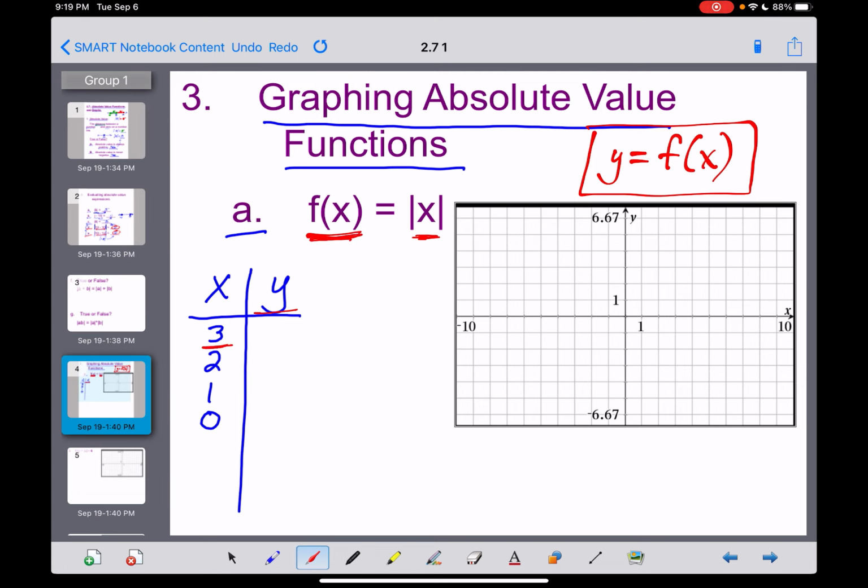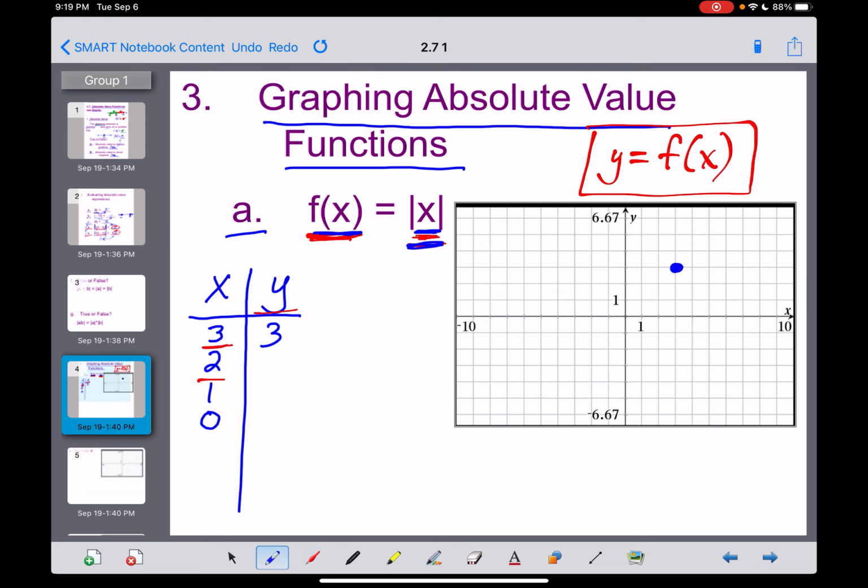So when x is 3, y then is the absolute value of 3, which equals 3. And we just came up with the ordered pair (3, 3), and that's our first solution to this equation. If you put a 3 in for x, y is equal to 3 as well. Now, 1 point is not good enough to tell us what this graph looks like, so now let's let x equal 2.